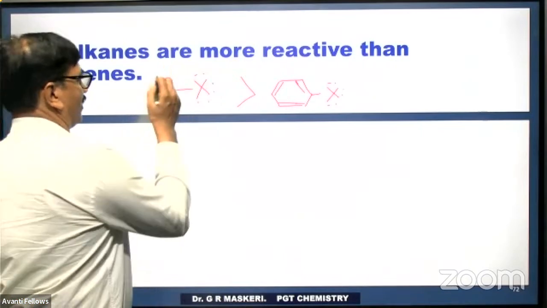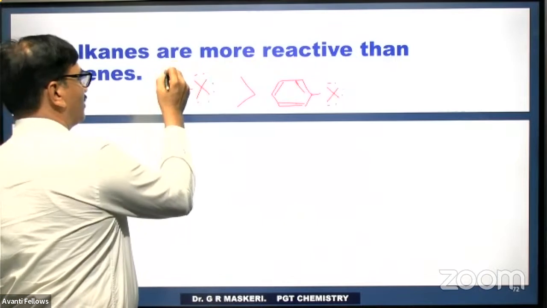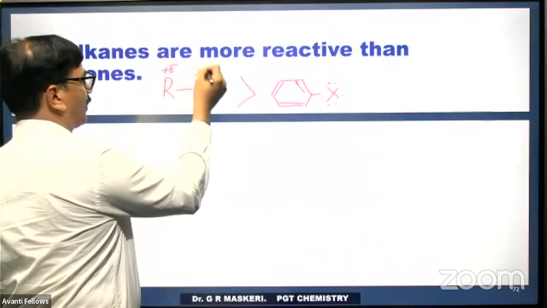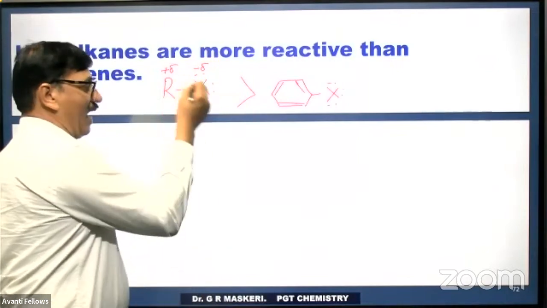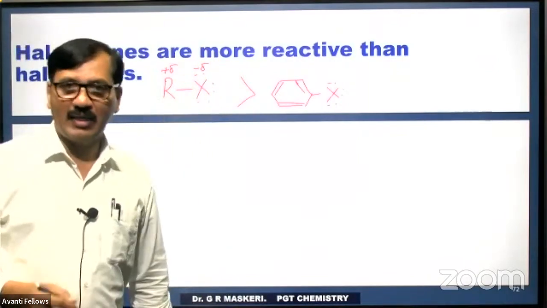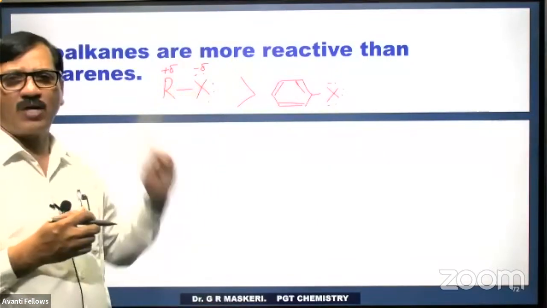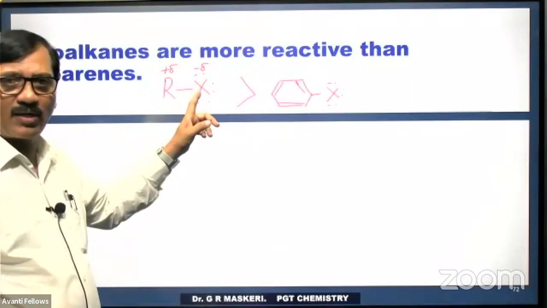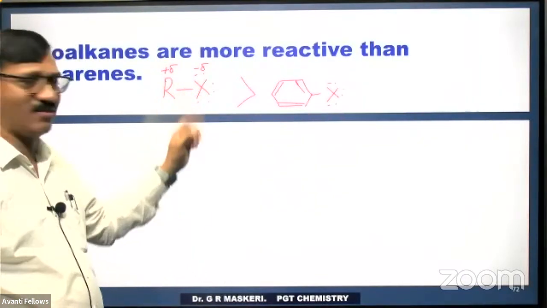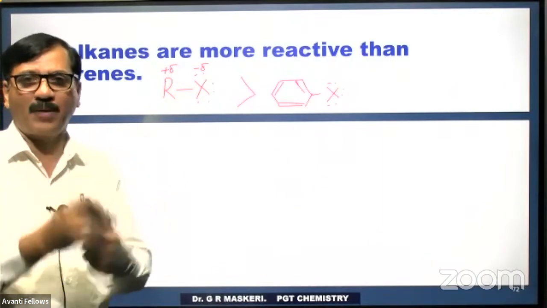Now the carbon of the alkyl group has a charge plus delta, and the halogen has minus delta. The carbon halogen bond is polar. Why is it polar? Because of the presence of a more electronegative element, this bond has charge separation.